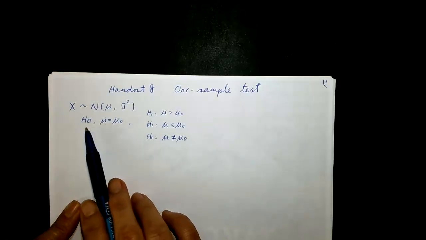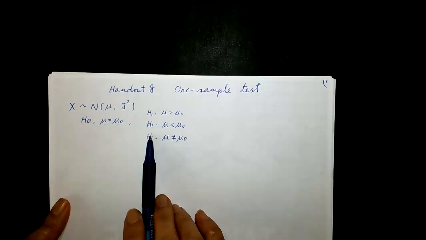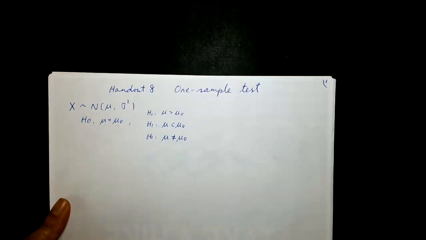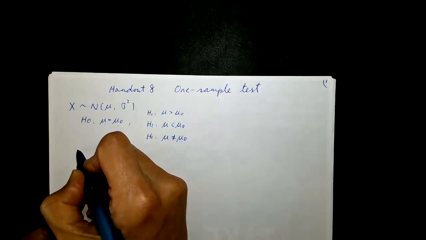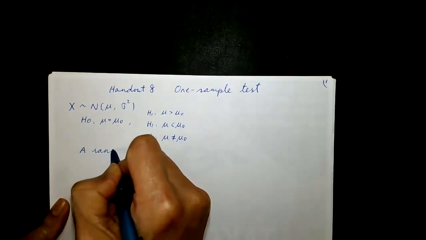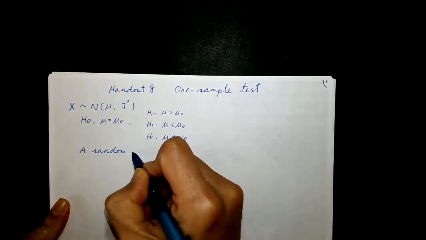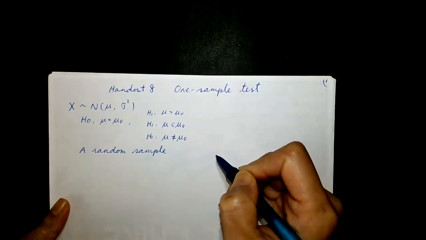Again, whatever you put in your null hypothesis, in your alternative hypothesis, it's not something you have to believe. What you need to believe is your sample. The sample is the fact that you should not argue with. To do the hypothesis test, we need the evidence. The evidence is from the random sample.